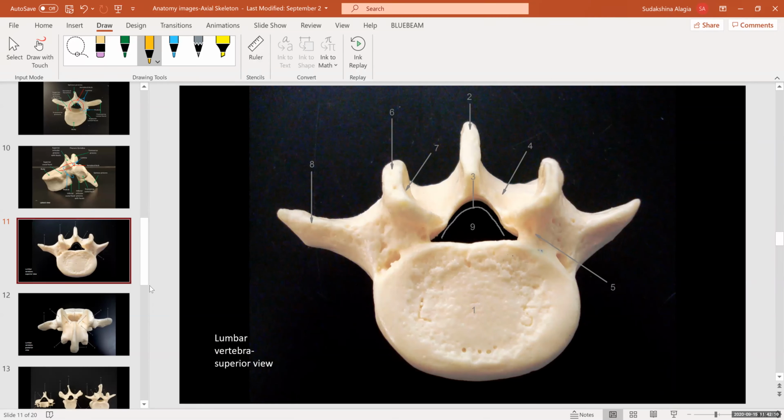So let's first identify those. Centrum of the body. What do I have here? Body or centrum? Centrum. The textbook calls it body. Centrum.